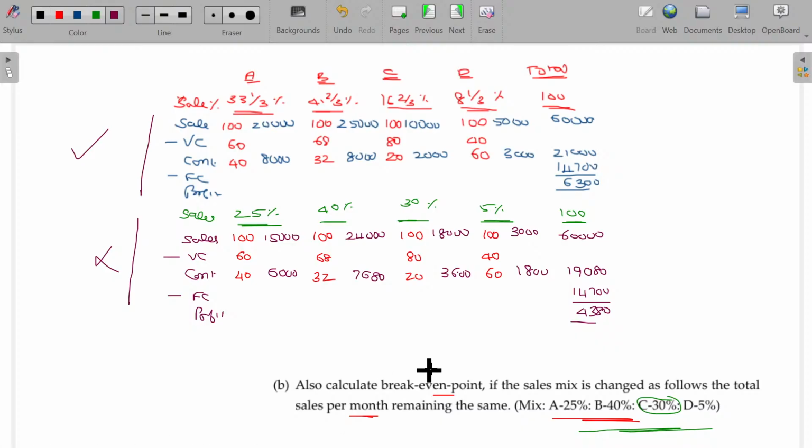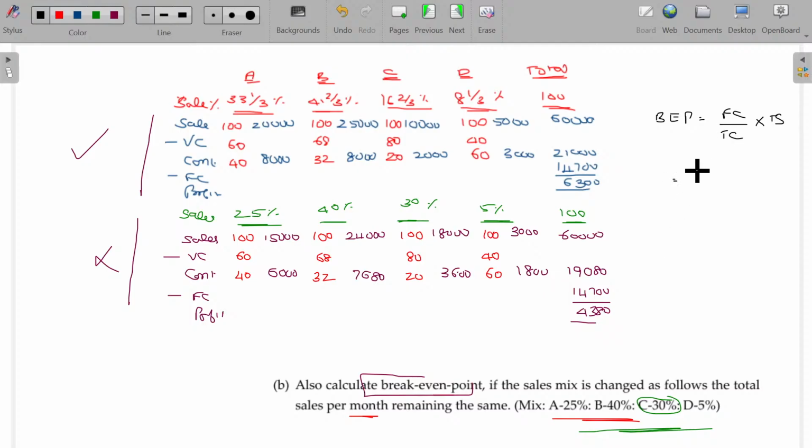Also, you have been asked to find out the break-even point. The formula for break-even point in this case is fixed cost divided by contribution into sales. You can take the total sales and total contribution.